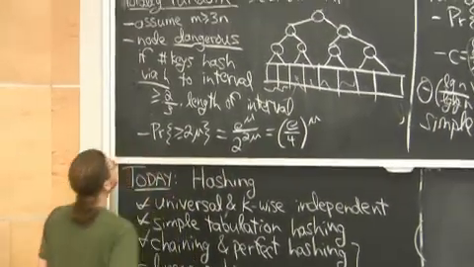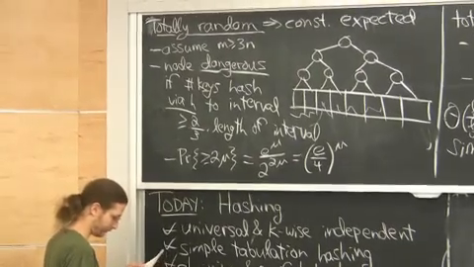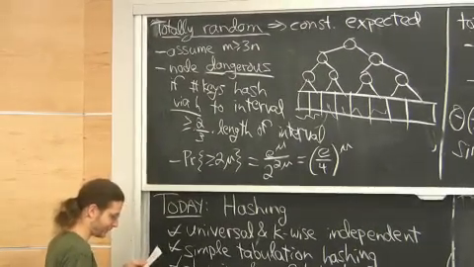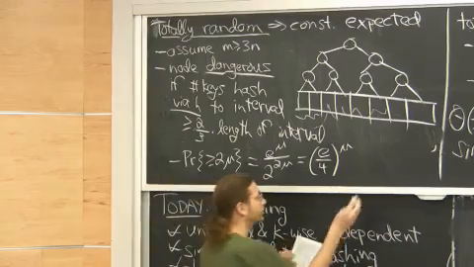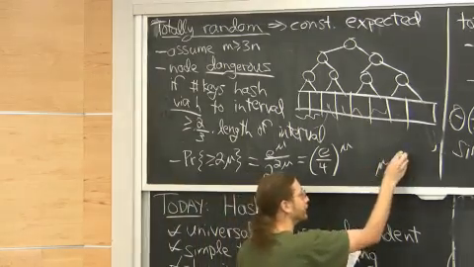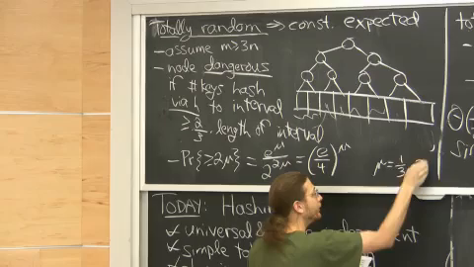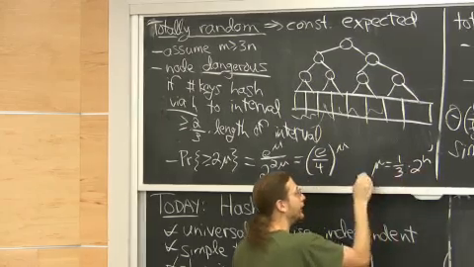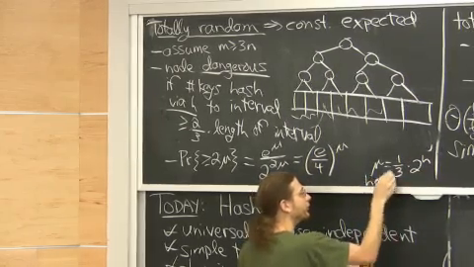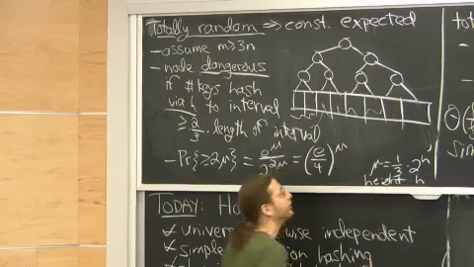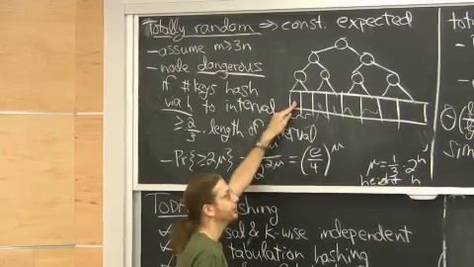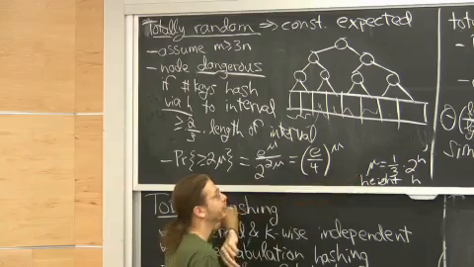What's mu? Should know that. Mu is 1/3 times 2 to the h for a height h node. Okay, it depends how high you are. If you're at a leaf, h is 0. So you expect 1/3 of an element there.